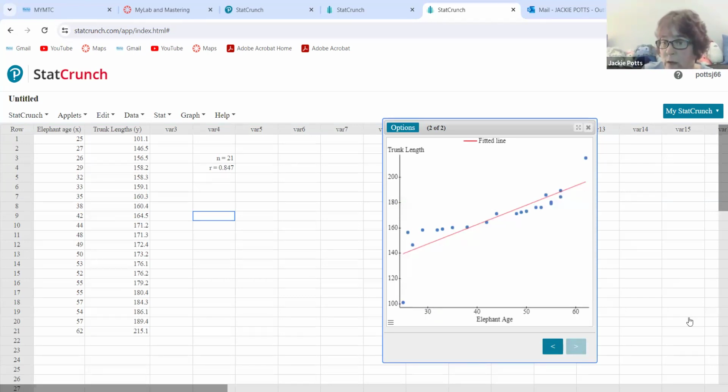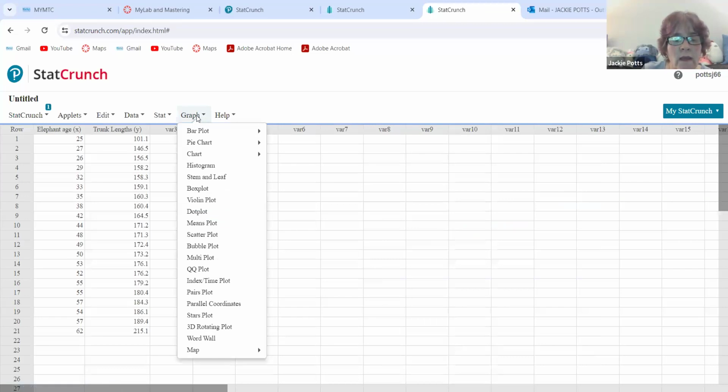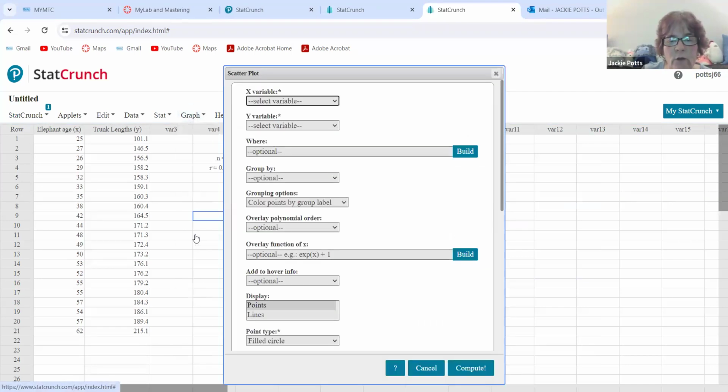So if I was to do a box plot on this, I'd find outliers. Okay? That's one way. Now, if you just want to look at the graph, you go to Graph, Scatter Plot. We select the X, we select the Y.